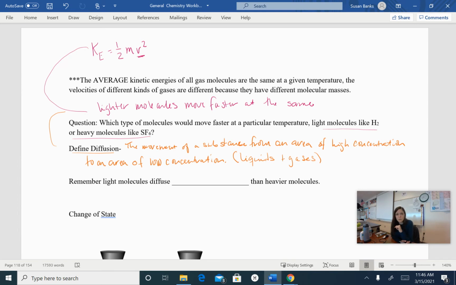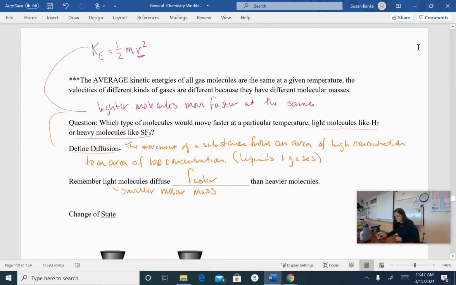You'd smell that ammonia first because it would diffuse faster and it would reach your nose faster. Okay, so remember that light molecules, smaller molecular weight, smaller molar mass molecules, diffuse faster than heavier molecules.